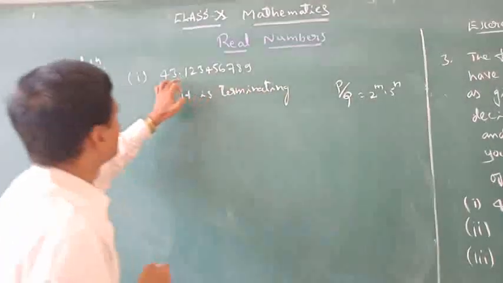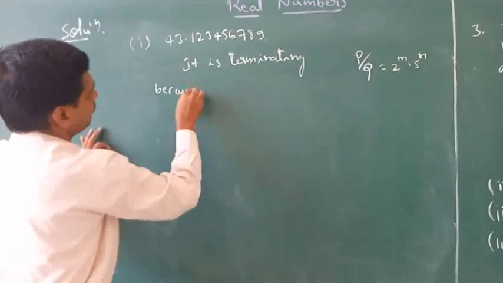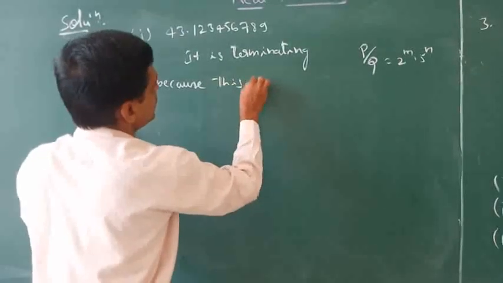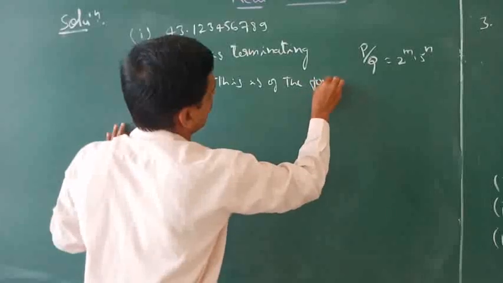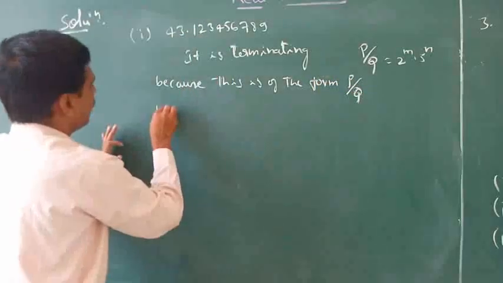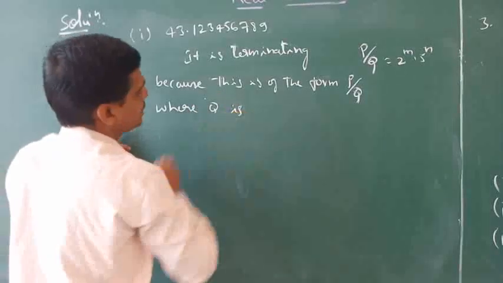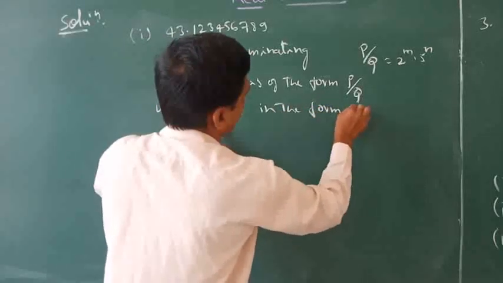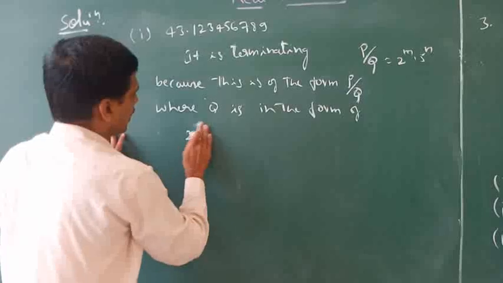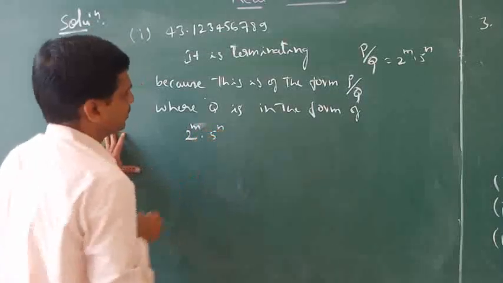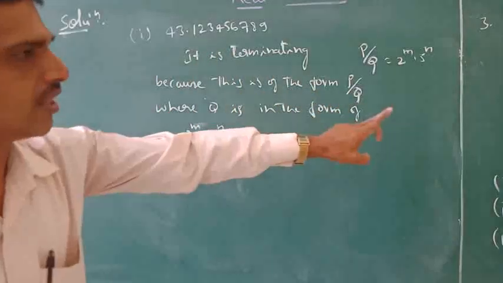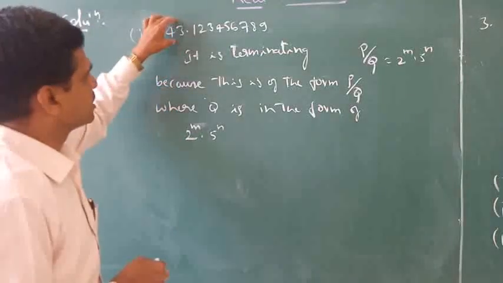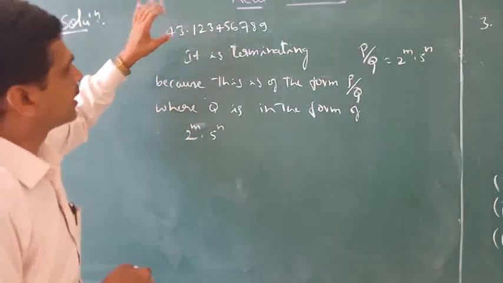So that is why, because the denominator of the form p by q, where q is in the form of 2 to the power of m into 5 to the power of m, the decimal expansion of this number is terminating.